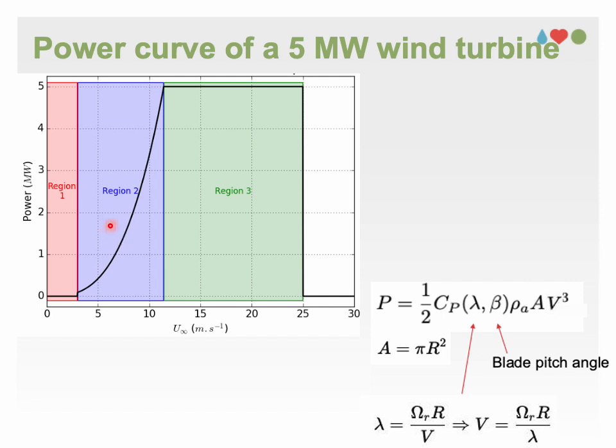In this region, we assume no pitch and pitch angle beta is kept 0. In region 3, above rated wind speed, coded by green, the controller tries to prevent overproduction using pitch control, or rotating blades, to reduce aerodynamic efficiency and keep output near rated power.